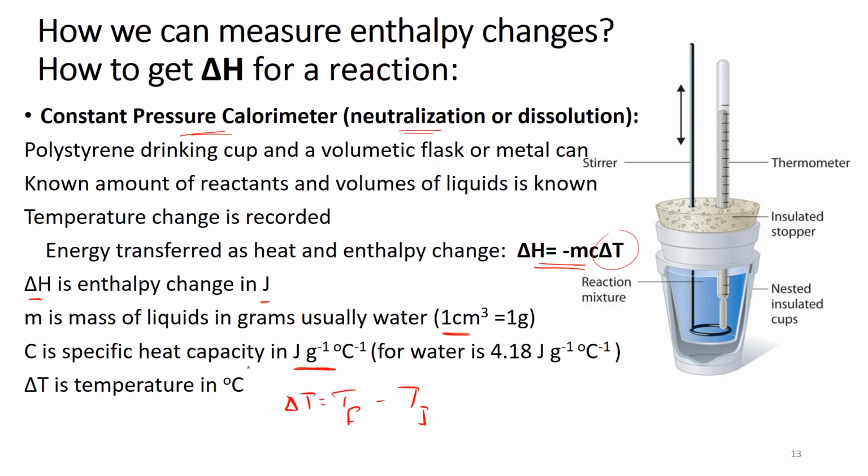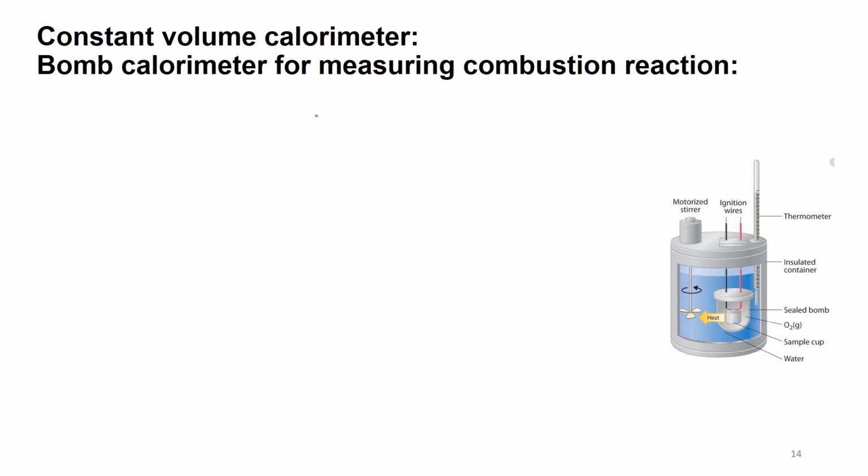Now the second type of calorimeter is the constant volume calorimeter. We usually call it a bomb calorimeter, and we use it to measure the enthalpy change of combustion reactions. From the name you could see it will be an insulating metal chamber. Inside this strong metal chamber there will be a liquid and a small chamber.